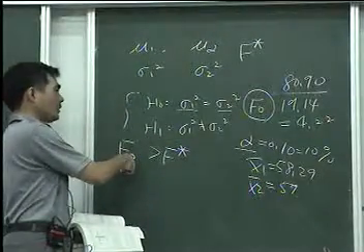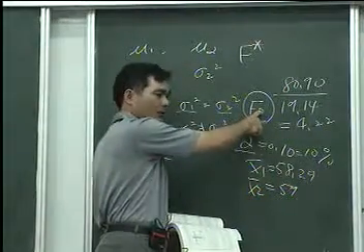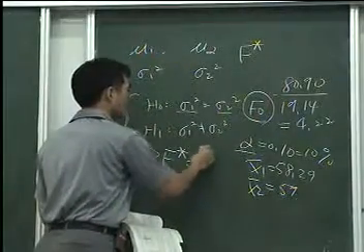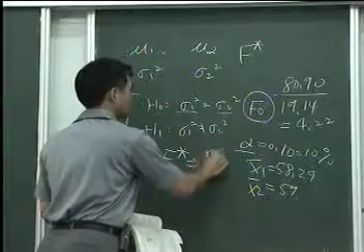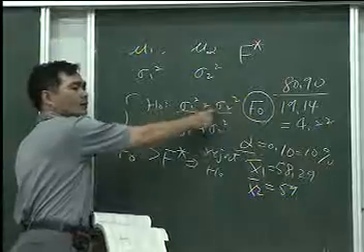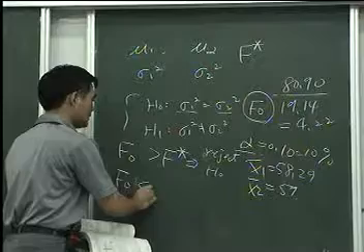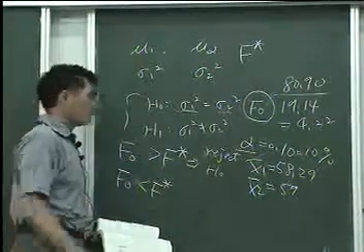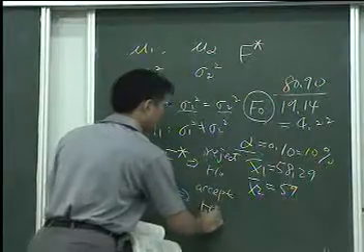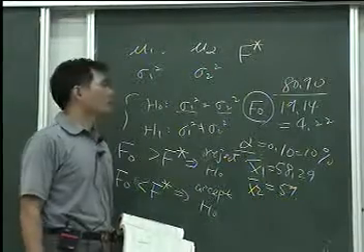You say reject H naught. So that means these two are not equal to each other, right? If this one is less than the critical value, then what would you do? You're going to accept H naught. Okay? Any questions so far?